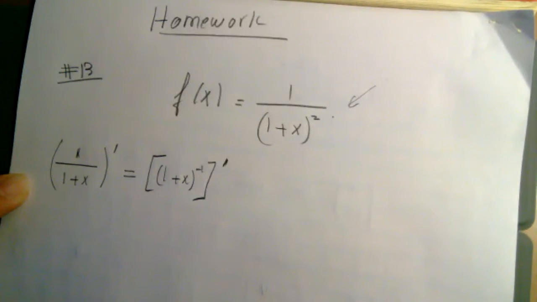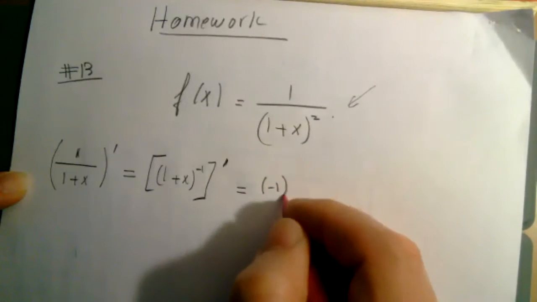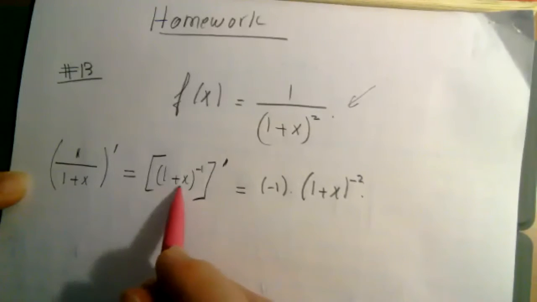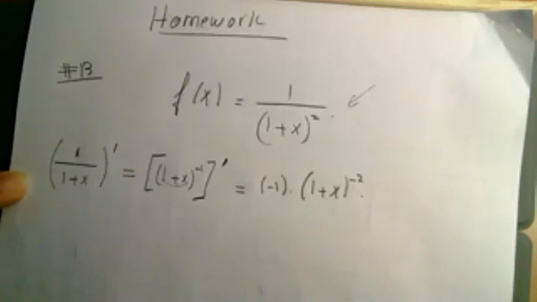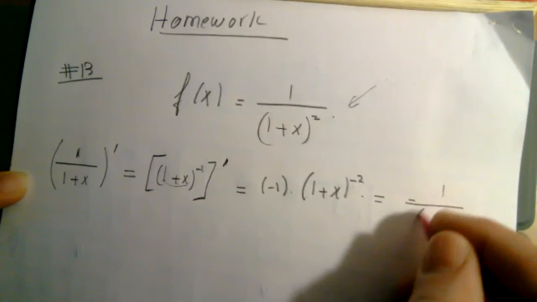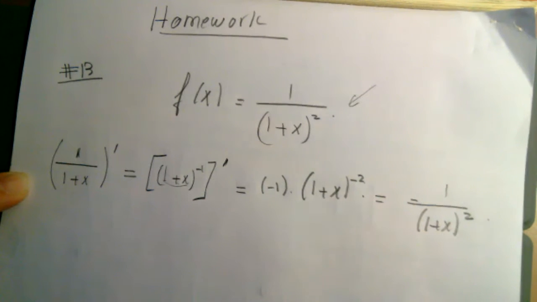I need to find its derivative. That's minus 1 times 1 plus x to the minus 2 times the derivative of what's inside, but the derivative of 1 plus x is 1. So this is minus 1 over 1 plus x squared. This is a very good sign.